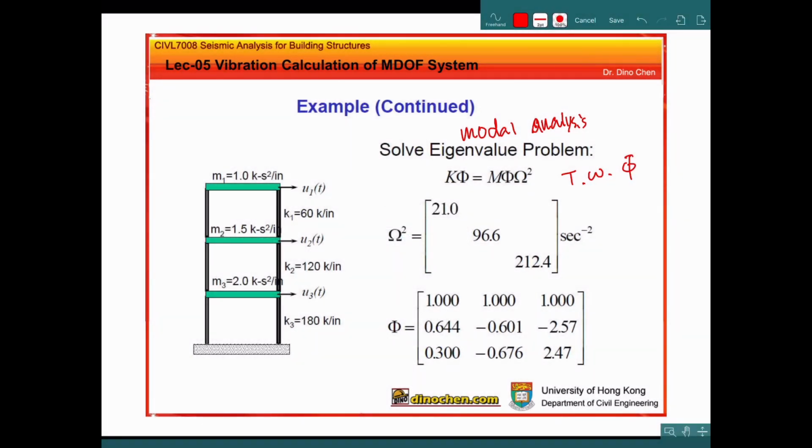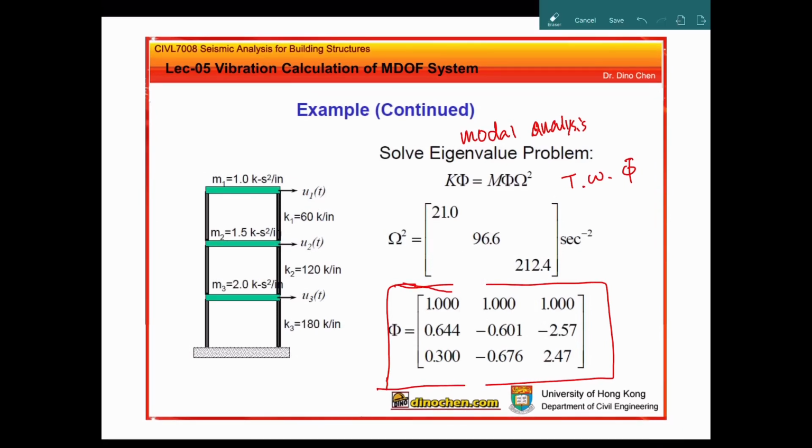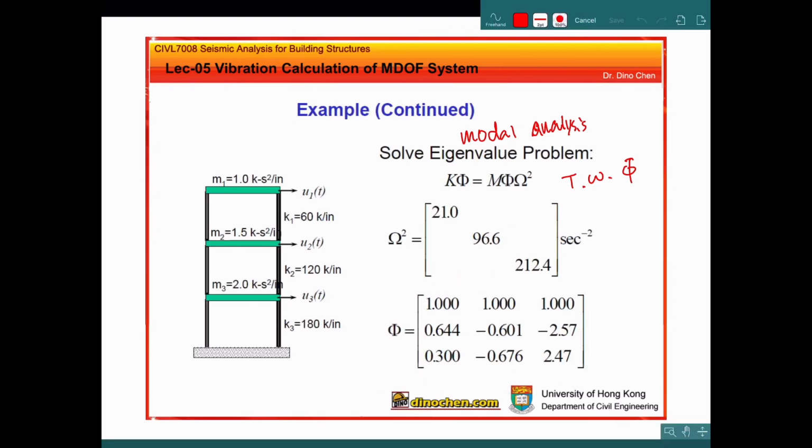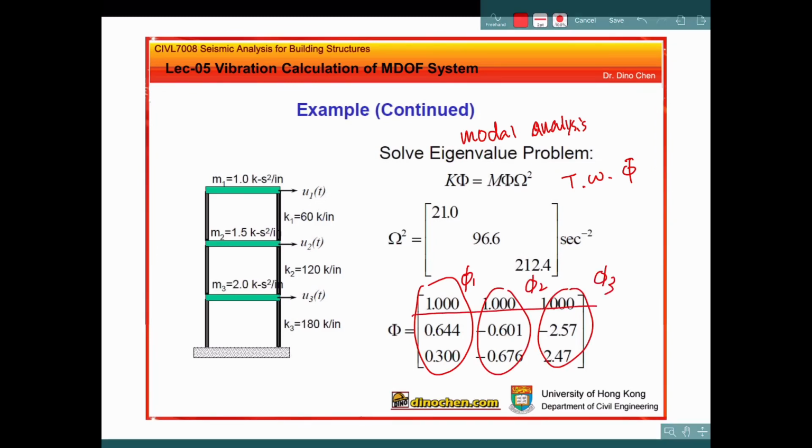And then finally, after normalizing, we can get the mode shape displacement matrix. This is the first mode, phi 1. This is the second mode, phi 2. Third mode, phi 3. Keep the top element equal to 1.0. This makes your calculation much easier.